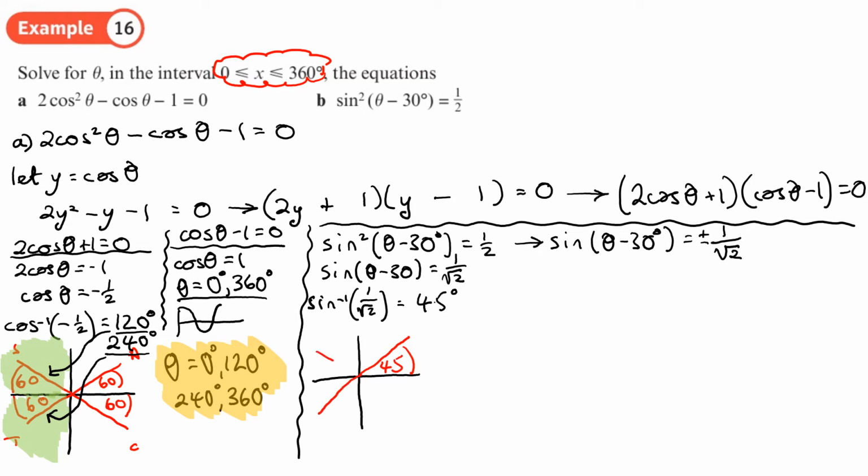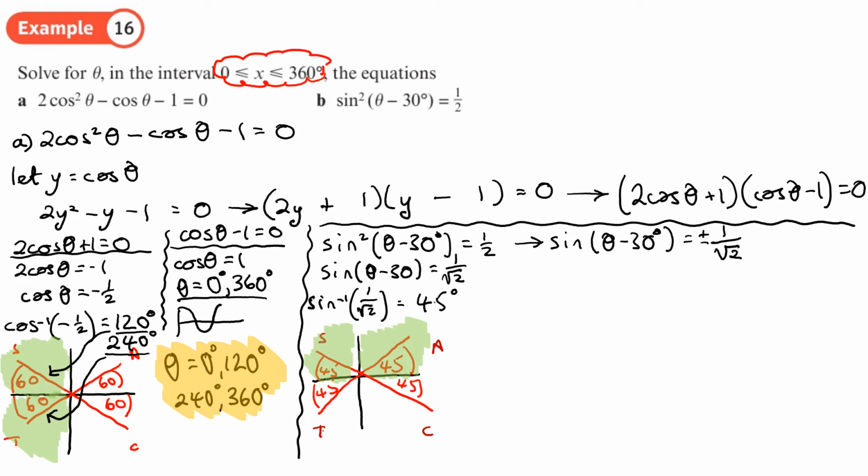Let's draw a crossing. All the 45s here. Our first solution landed in this quadrant here, where everything is positive. So C-A-S-T. Sine is positive there. Where else is it positive? Over here.